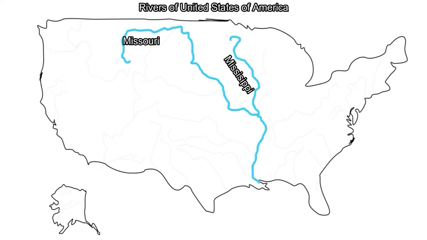And these rivers are not standalone, they have tributaries. Yellowstone River joins Missouri. North Platte River joins Missouri, which in turn joins Mississippi.